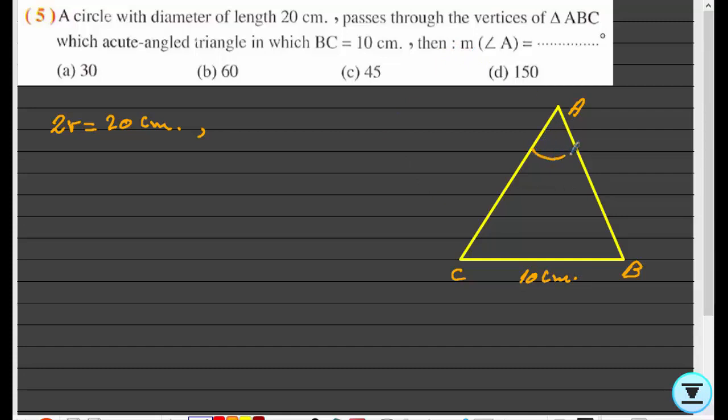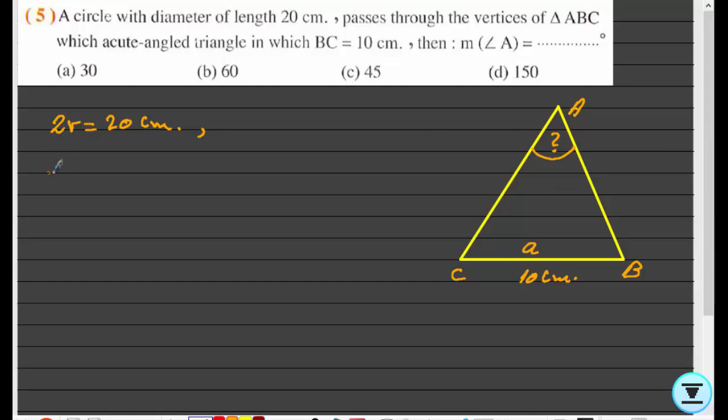Here the required is to find the measure of angle A. Now what is the relation between the measure of the angle A and the opposite side, denoted by the symbol small a here, of length 10 centimeters, and the diameter?